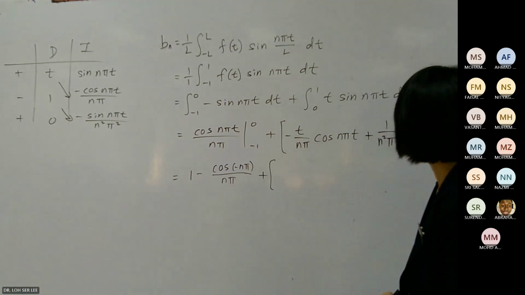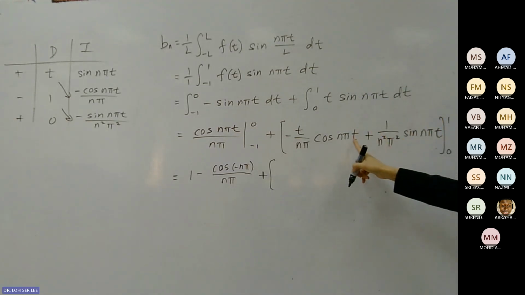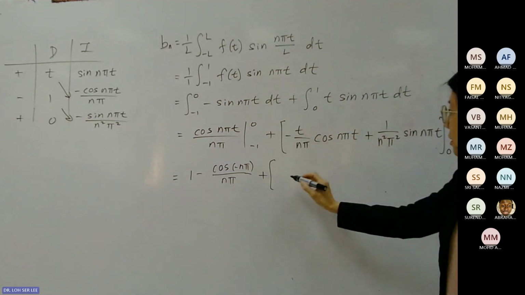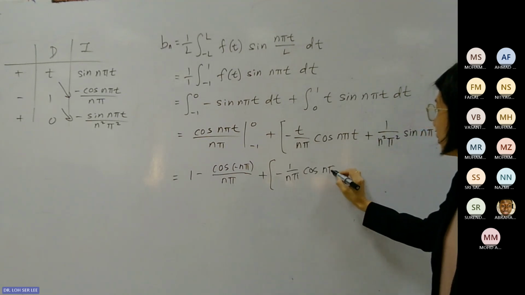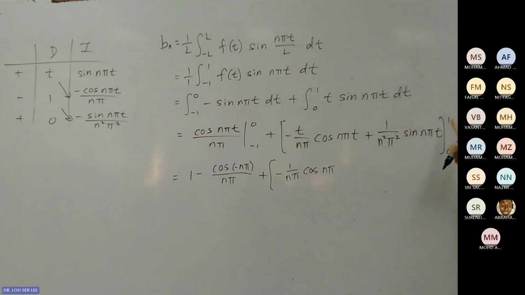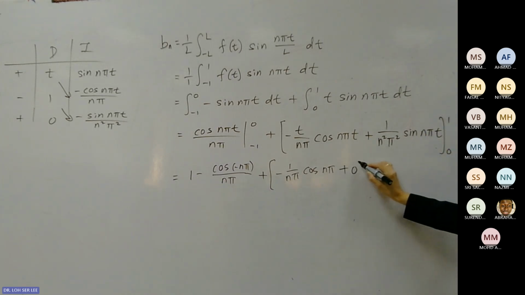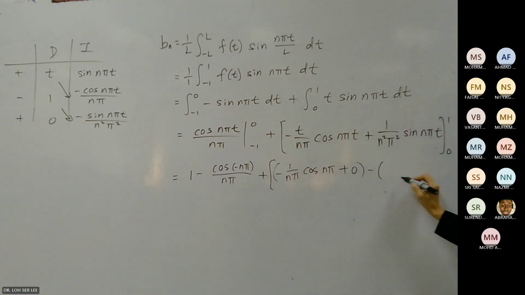Plus now 1 into this t and this t, negative 1 over n pi cos n pi. T is 1. And now when this t is 1, sine n pi is 0. 0 into this t and also this t, you get 0.